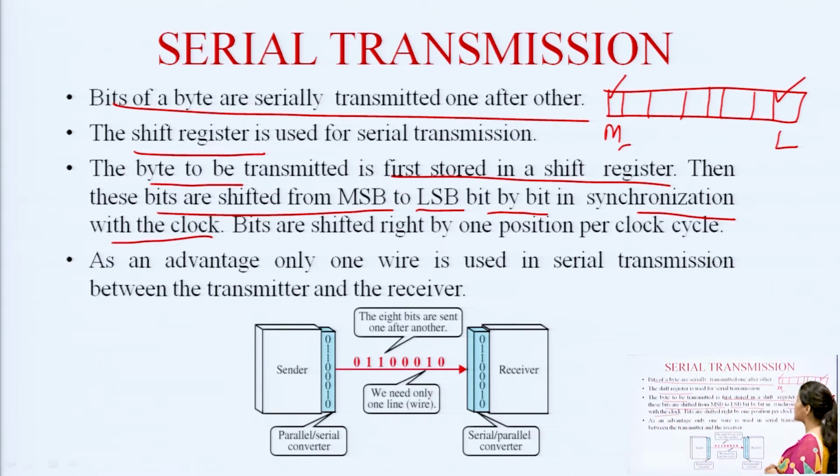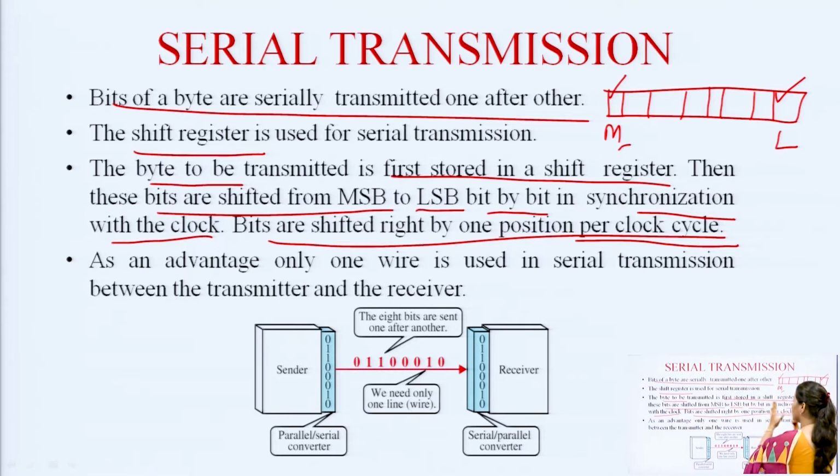The bits are shifted right by one position per clock cycle. So, with every clock cycle, bits are shifted. In this way, from MSB to LSB, the bits are shifted in the shift register, and thereby these bits are transmitted with every clock pulse.